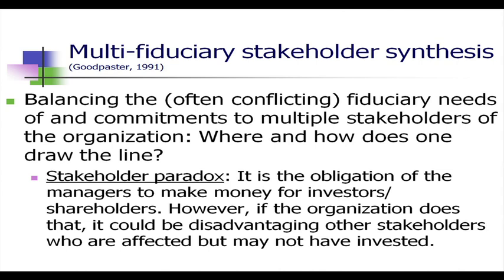Stakeholder paradox is the obligation of the managers to make money for investors or shareholders. However, if the organization does that, it could be disadvantaging other stakeholders who are affected but may not have invested. So, you have to balance the needs of making money. Yes, it is the most important goal of any organization.